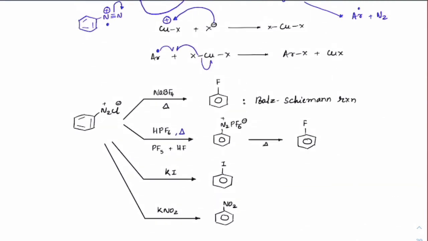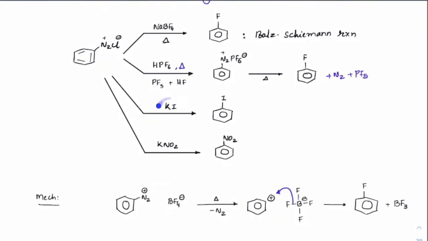The same thing can be seen with HPF6 here. So HCl will leave on heating, we will get N2 plus PF6 minus, and from there N2 will leave here and we will get PF5, and fluorine gets substituted there. Okay. The first reaction where we use NaBF4, that is called the Balz-Schiemann reaction.